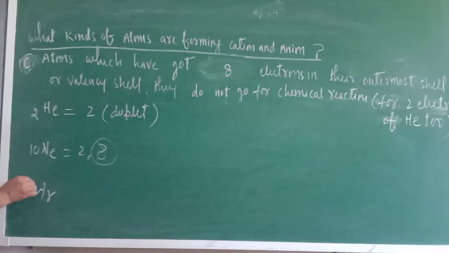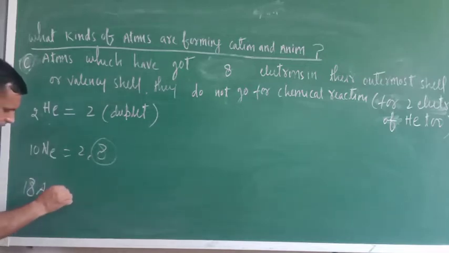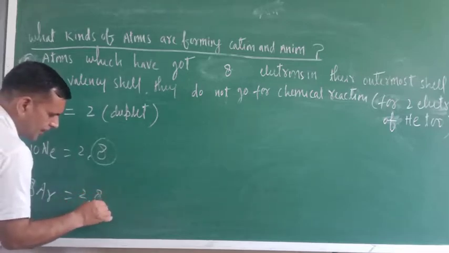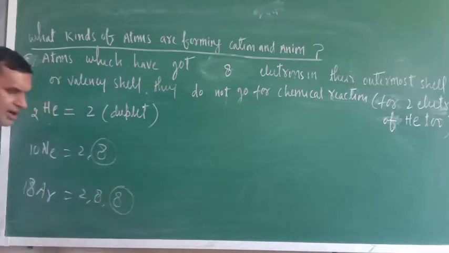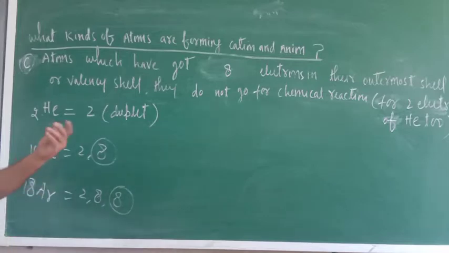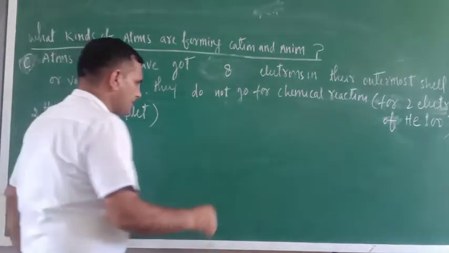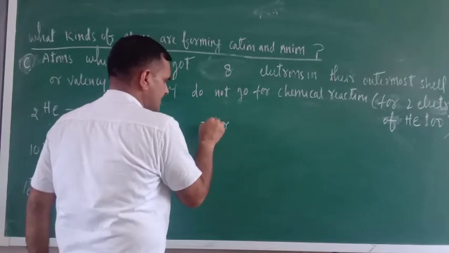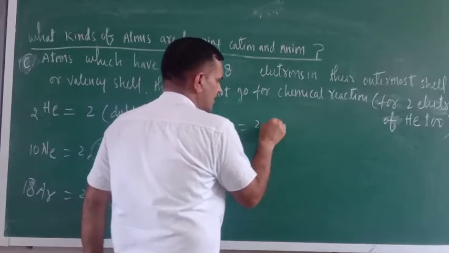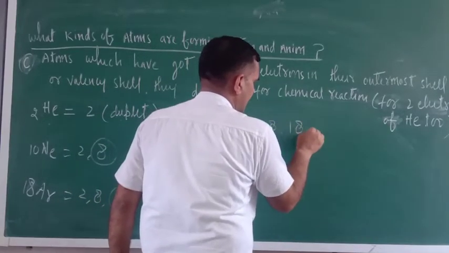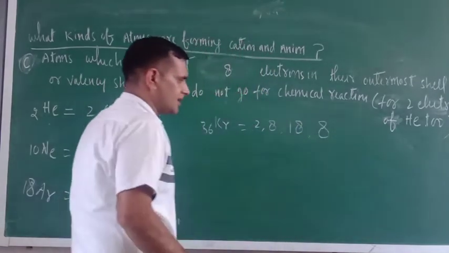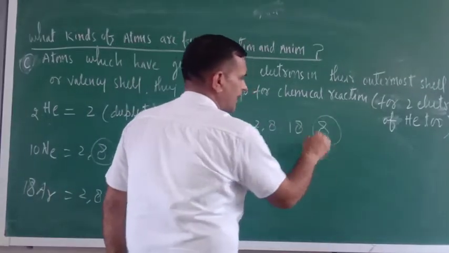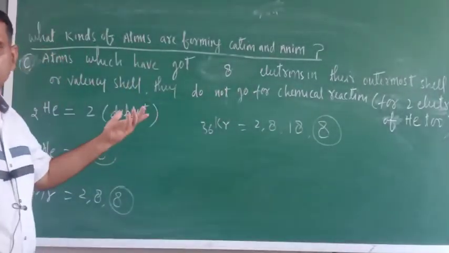Now argon, 18, means 2, 8, 8. This also has 8 electrons in its outermost shell, so it will not react. Some other examples are helium, neon, argon. Krypton is 36, means 2, 8, 18, 8, correct? Just check, this also has 8 electrons in its outermost shell.